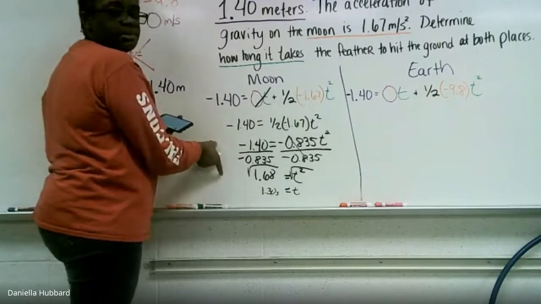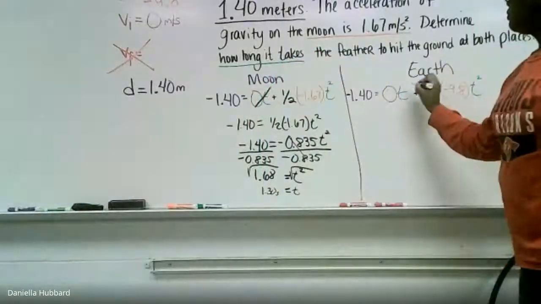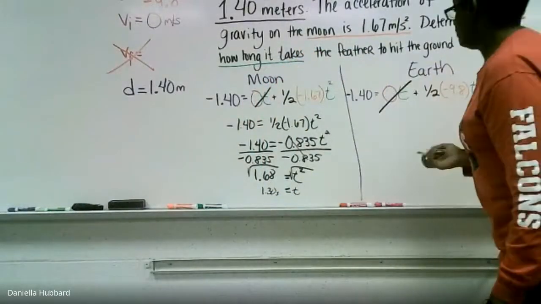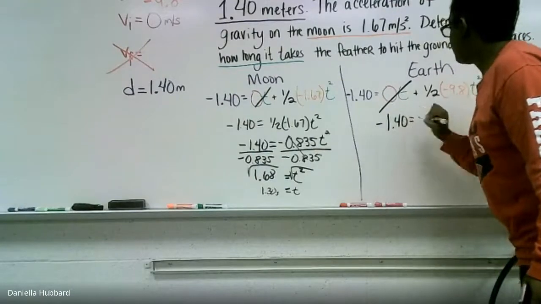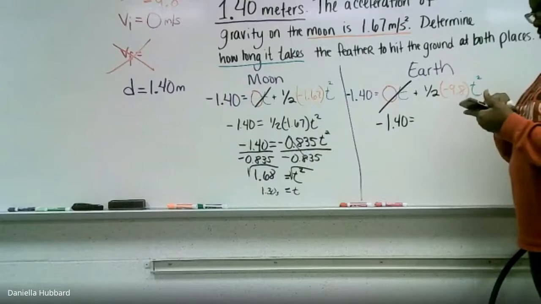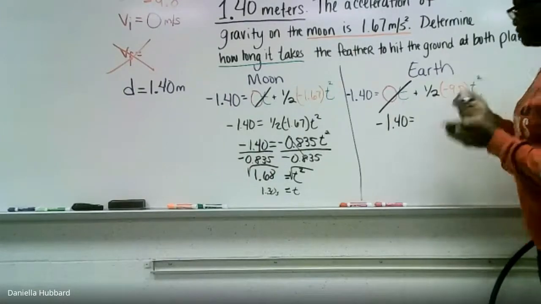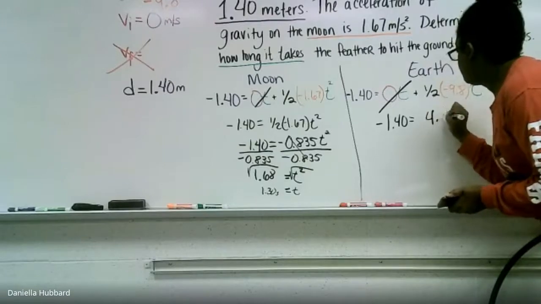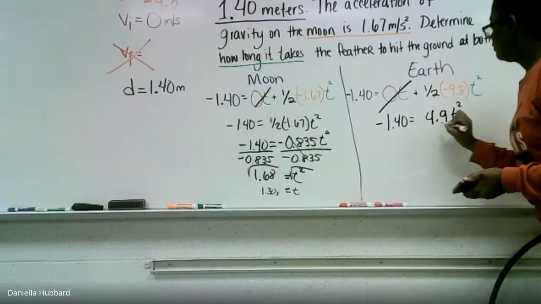Now we want to do the same thing and get the time for Earth. Negative 1.40, same height, half of 9.8, divided by 2, we get 4.9 times T squared.